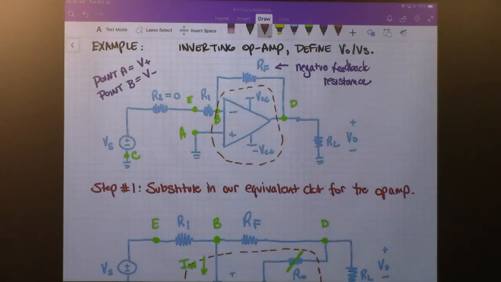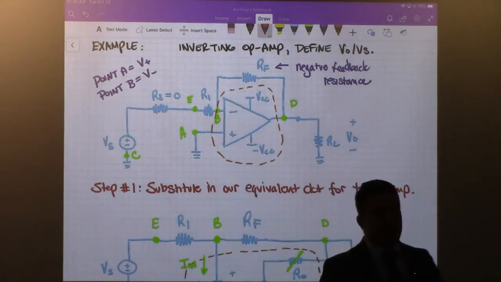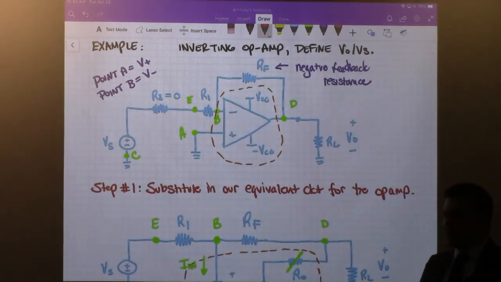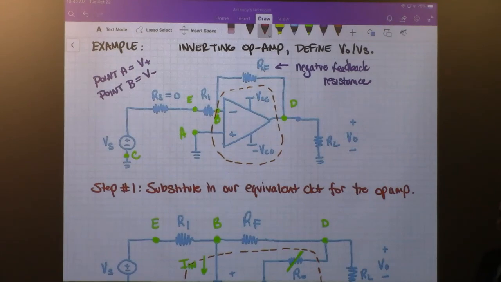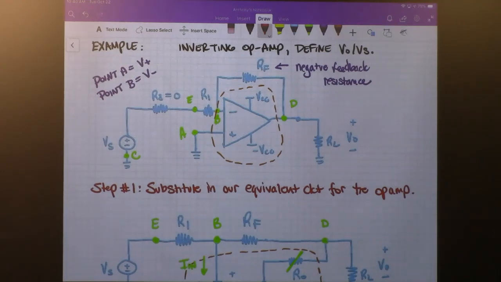Can anybody take a look at that picture and tell me why VB equals 0? Remember, we had three assumptions. The input resistance is infinite, so there's no input current. The output resistance is 0. And because the open loop gain is infinite, V plus and V minus are at the same voltage potential.